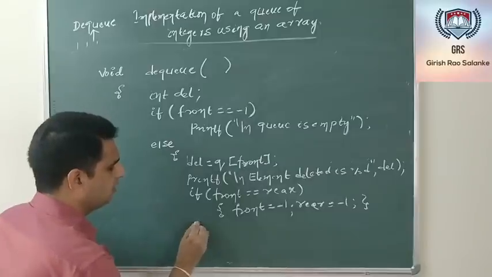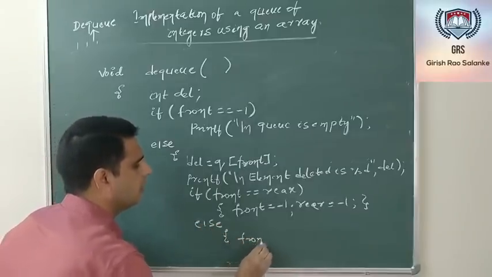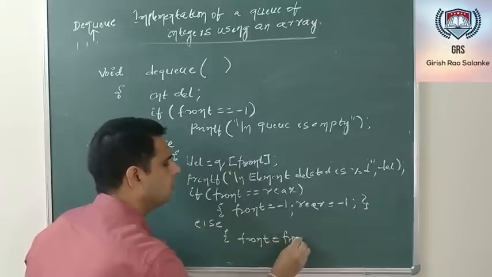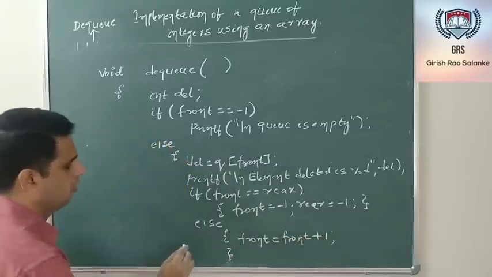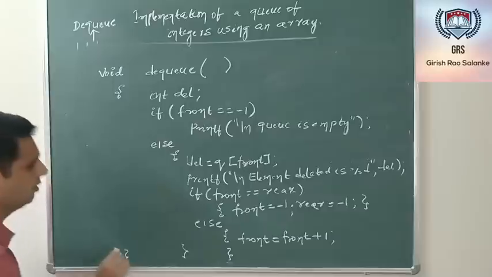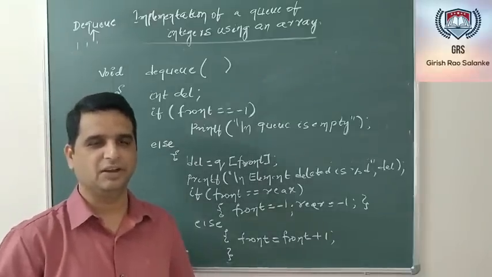If this condition is false, else I'll just update front end. Else front is equal to front plus 1. And close the else statement and close the function. This is about the deletion function.